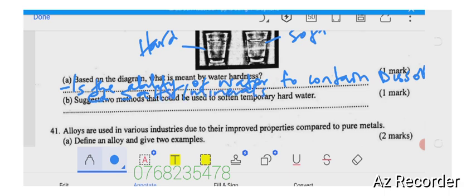And when it comes to salts and minerals here, we are talking specifically about calcium and magnesium ions.